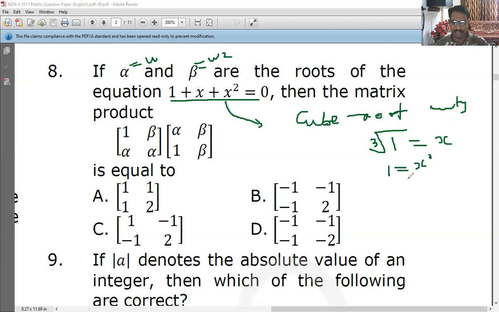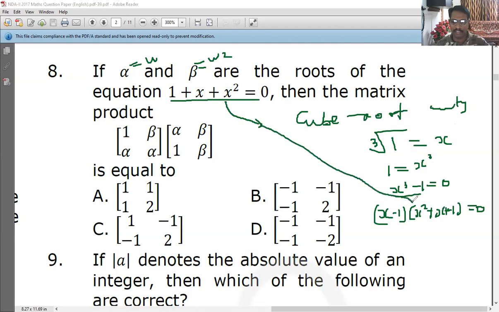Then you take this 1 to the other side, so it will be x cube minus 1 is equal to 0. From here you break it down into x minus 1 and the next term, x square plus x plus 1, equal to 0. This is where you actually get the starting point of this equation. This is how you have to identify this equation.